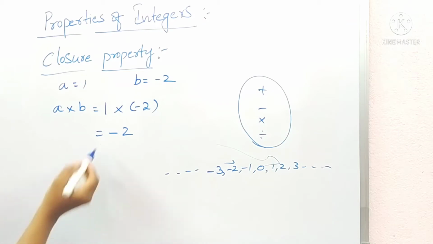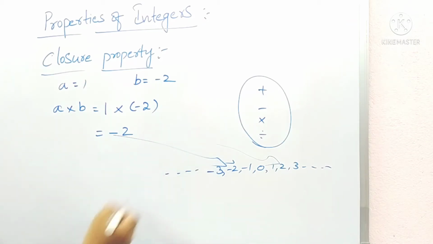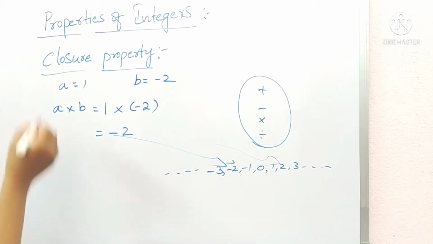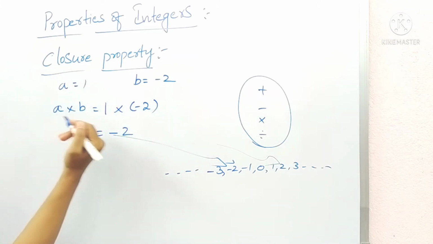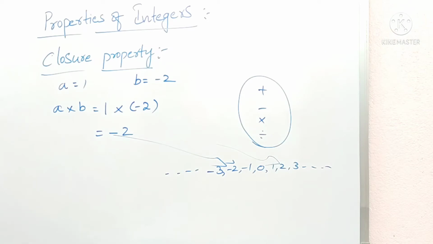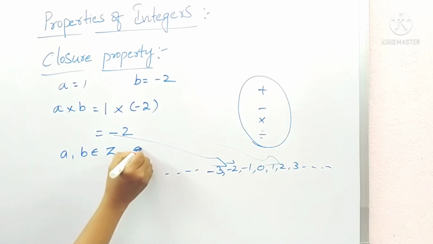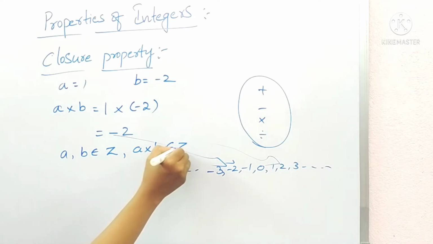So here also minus 2 is also an integer, right? So I took two integers and the product of the two integers is also an integer. So I can say integers are closed under multiplication. So if a comma b belongs to Z, then a into b also belongs to Z. That means integers are closed under multiplication.